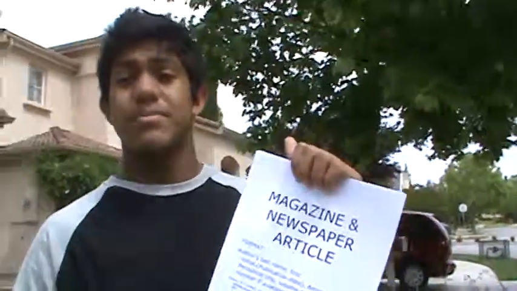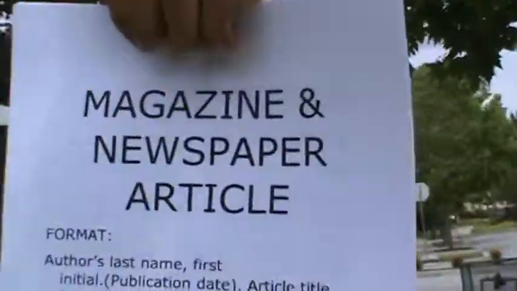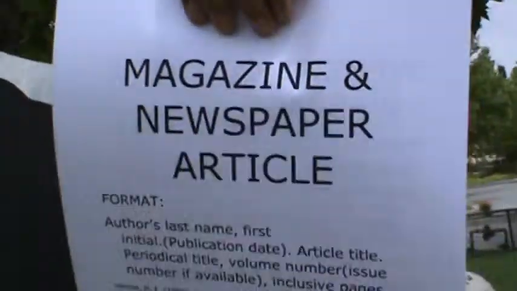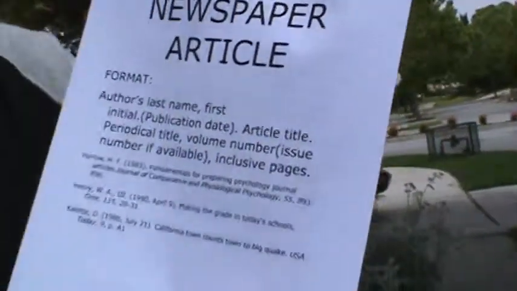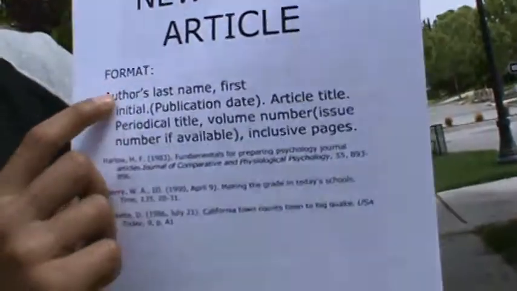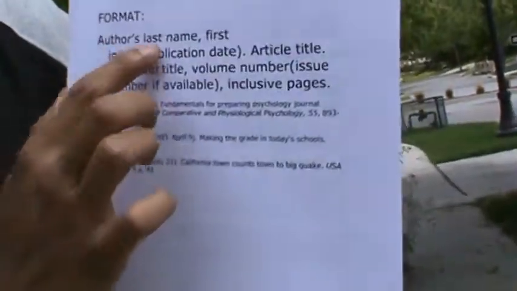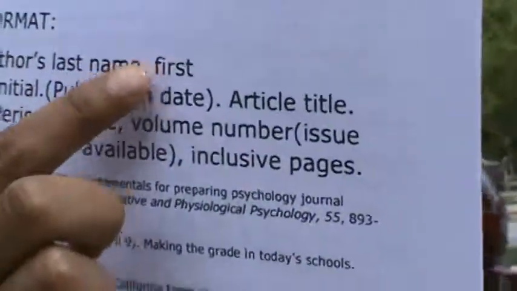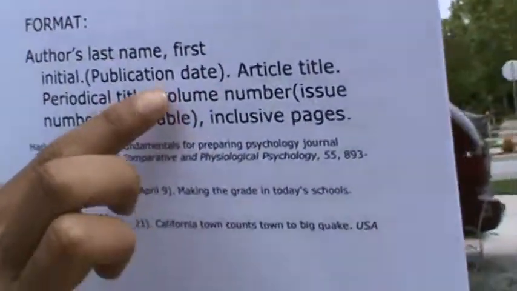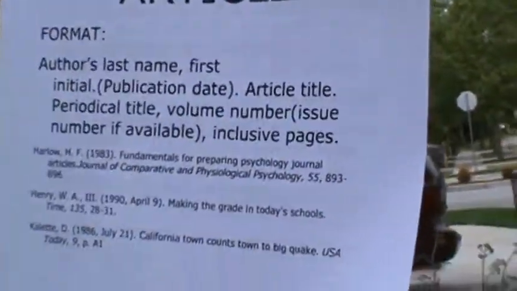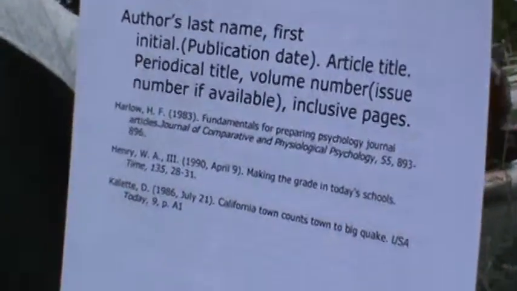Now you can also use a magazine or a newspaper article as a source for your research. The format is the same as always: author's last name, first initial, the publication date as well, the article title, periodical title, the volume number or the issue number if available, and the pages that you've used.